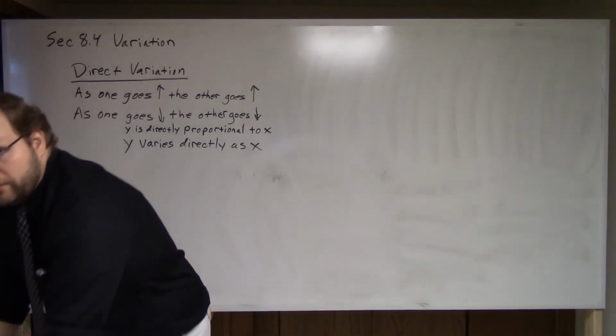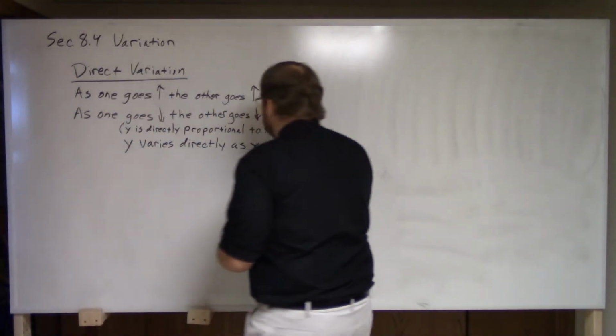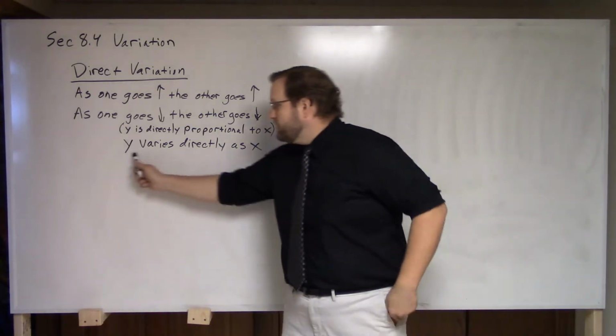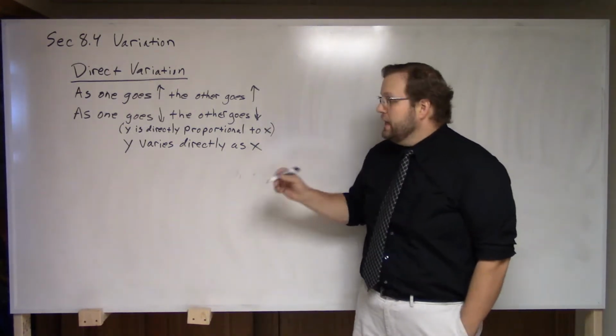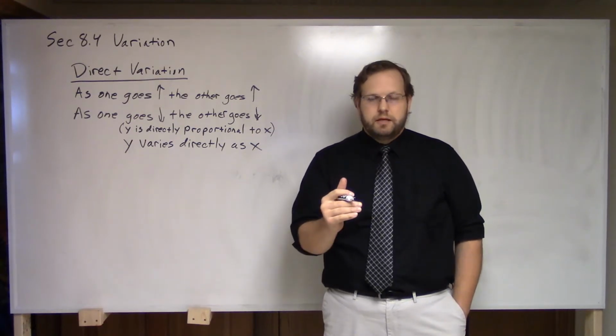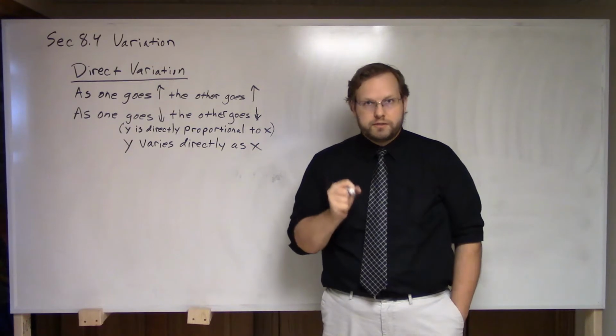Okay, those are two different ways of saying the exact same thing. Again, y is directly proportional to x, or y varies directly as x. Typically, it's going to be written like this. And notice, in both cases, they talk about directly. So that's a word that we really need to be able to notice.